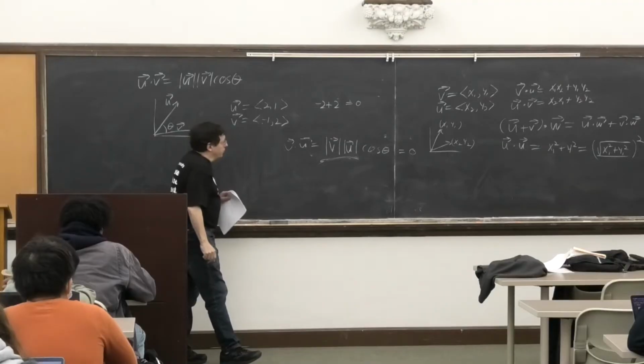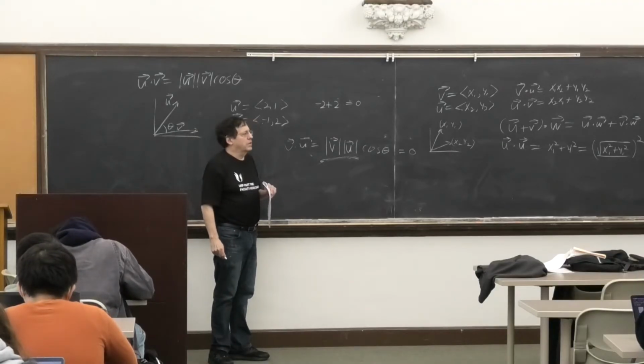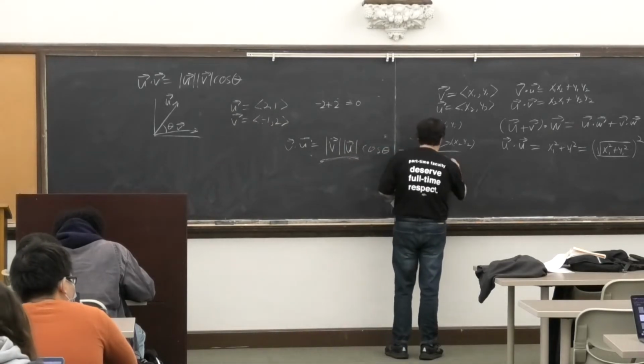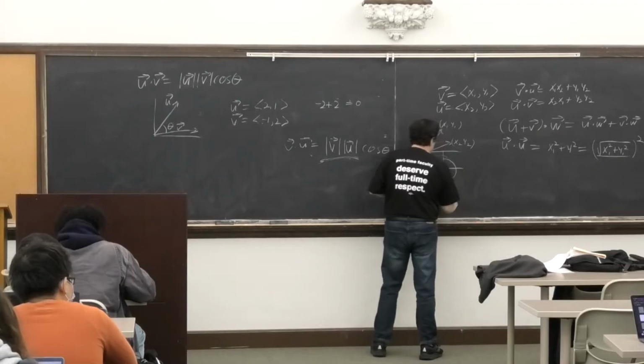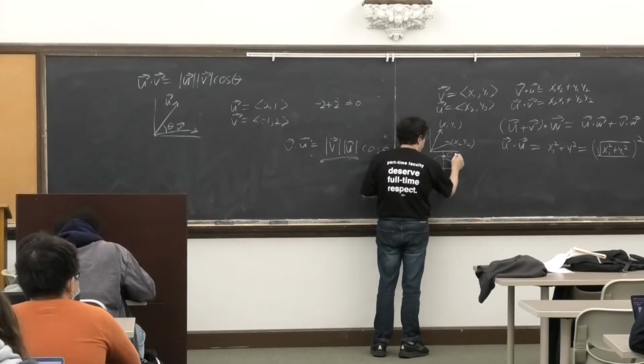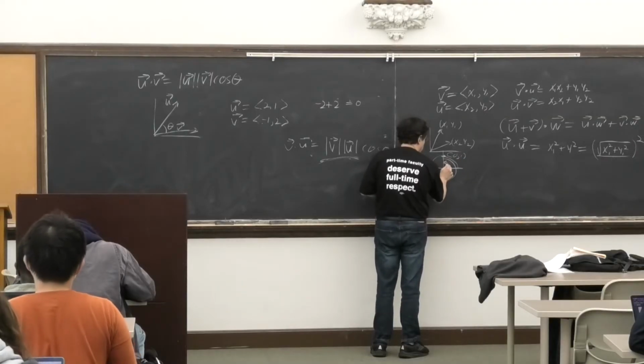So if the cosine of theta is 0, what's theta? The cosine is 0, that's the x. What's the angle?